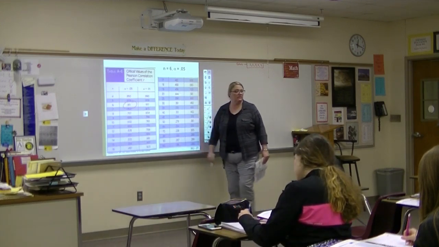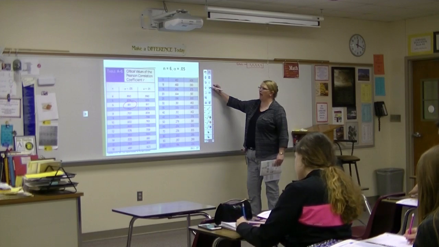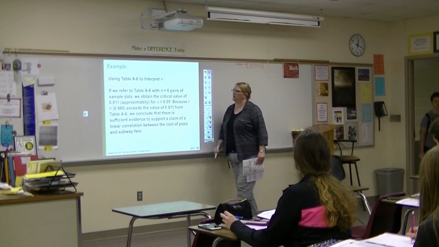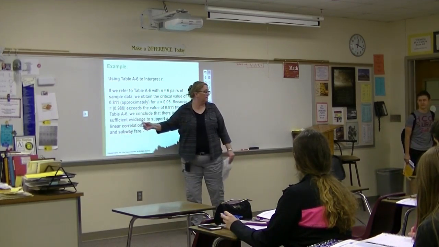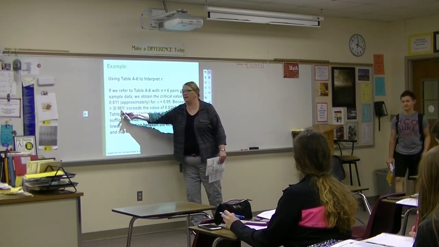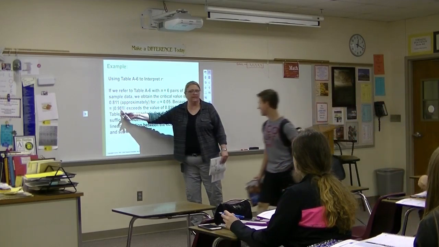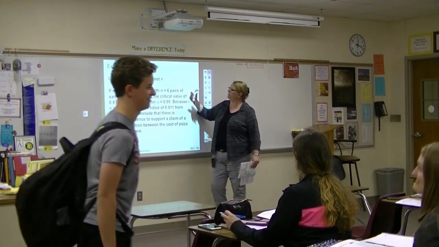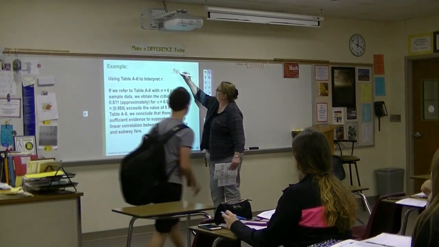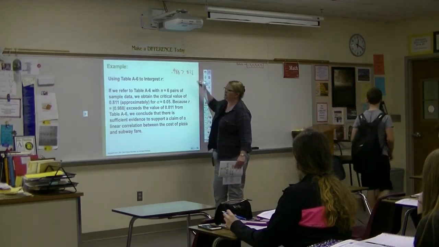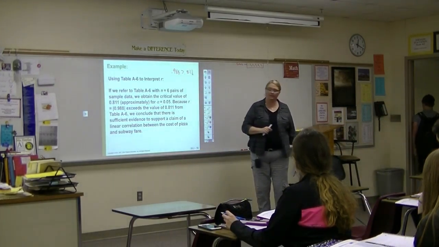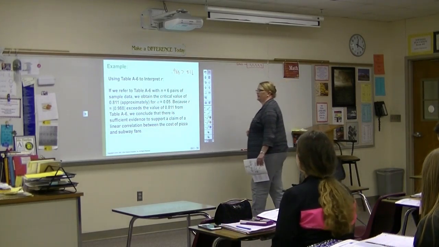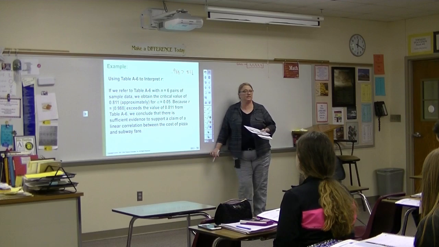Right there. So what was our R? Right. So, since our R, right here, 0.988 is greater than 0.811, we will conclude there is evidence to support the claim of a linear correlation between cost of pizza and Subway fare.